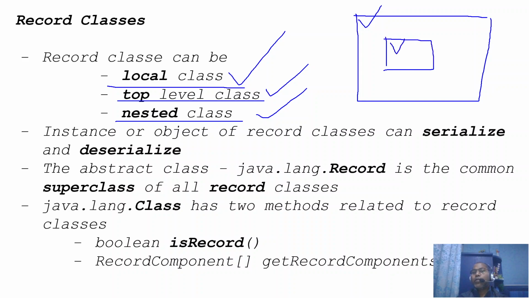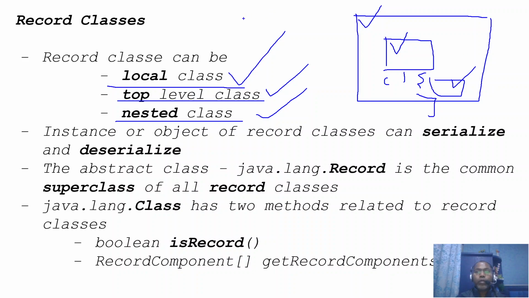Record classes can be placed just like your normal classes. There is no boundary: you can do a local record class, top level, or nested.